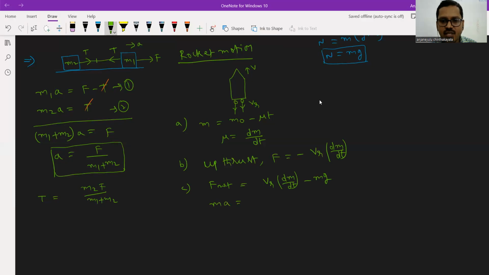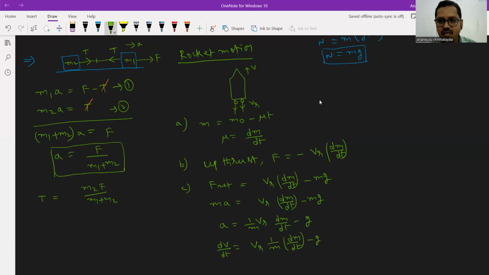F net is mass into acceleration, so m a is equal to Vr into dm by dt minus mg. Moving m to that side, acceleration a is equal to Vr into 1 by m into dm by dt minus g. But acceleration a is the rate of change of velocity, which is dv by dt, so dv by dt is 1 by m into dm by dt minus g.